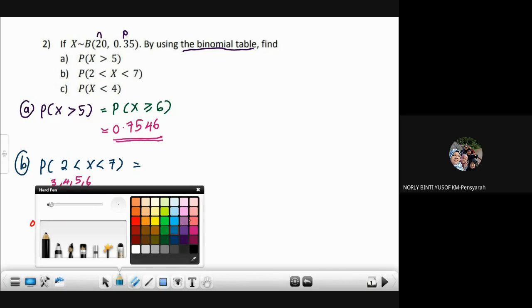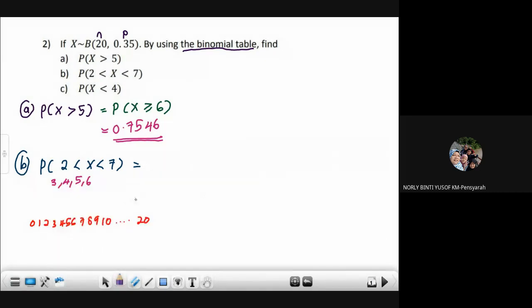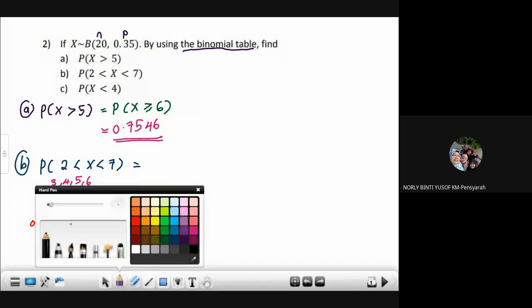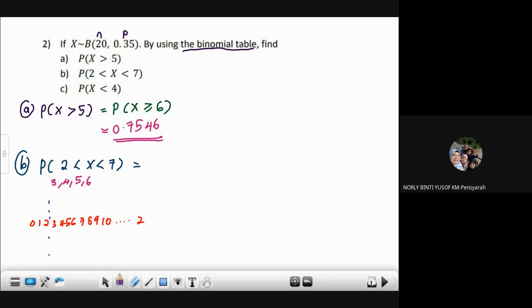So di antara 2 dan 7 tu nombor you adalah di sinilah sepatutnya. 2 dengan 7. Sorry. Sekejap. In between 2 and 7 maknanya nombor you kat sini tadilah. 3 hingga 6. Sini nombor you.